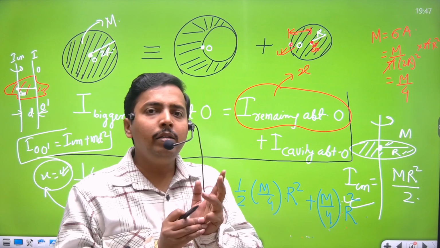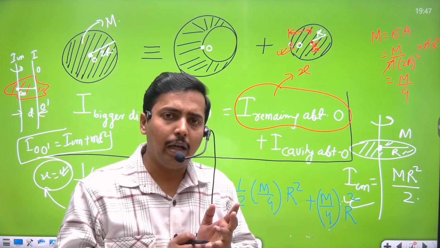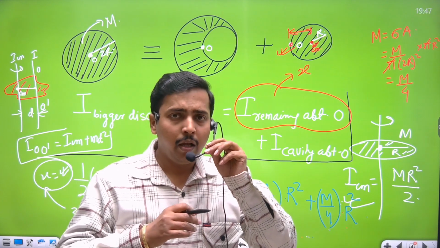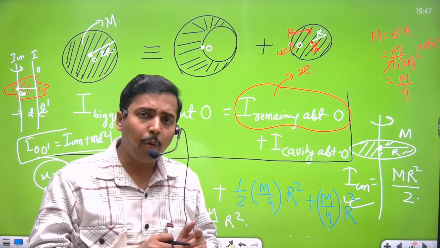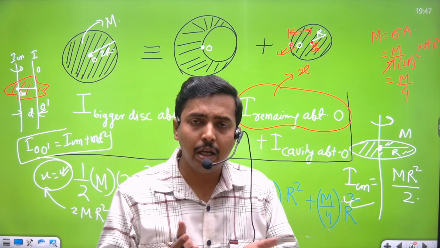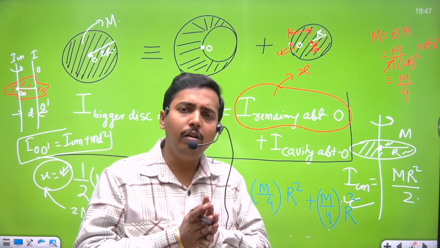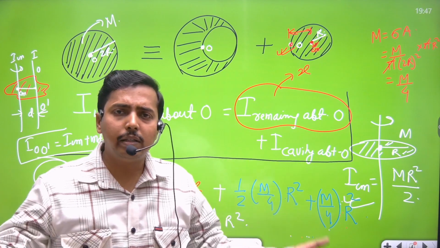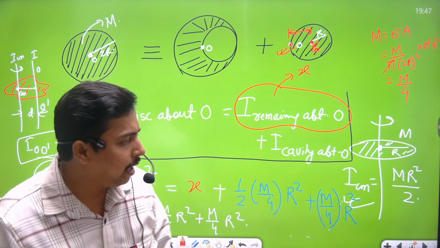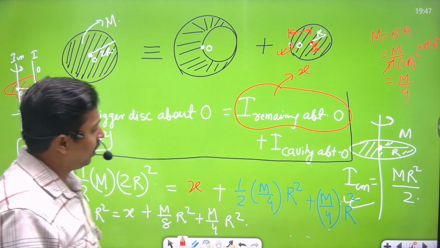You will have to learn the moment of inertia of a rod about the center and about the end point, of a sheet, of a disk, of a sphere, and all those standard formulas that I have taught you in the class.